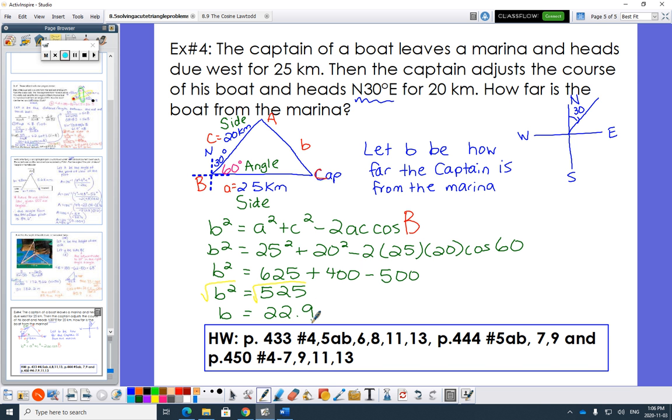So then again, you can leave your answer like that, no problem, but make sure you write a sentence. Therefore, the captain is 22.9 kilometers from the marina. You want to make sure that you have units in your sentence. Or the boat. What did I say? The captain, the boat, whatever.